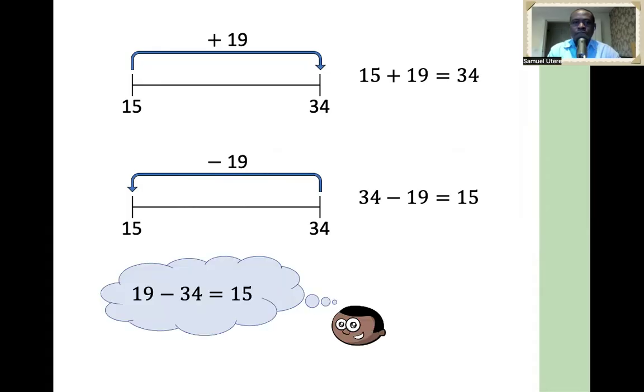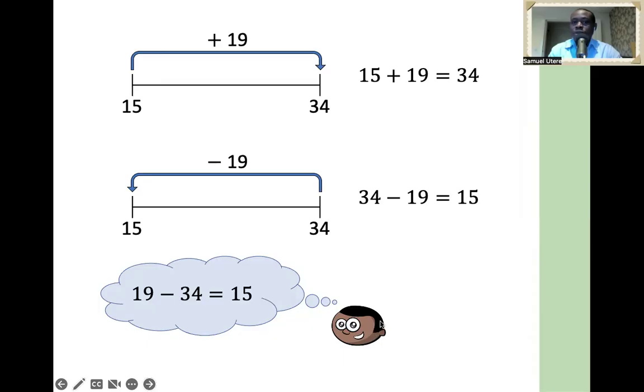But is 19 subtract 34 equal to 15? Do you think we can do the same thing we did with addition by thinking, okay, I can swap the calculation and still get the same answer? Will it work for subtraction? Well, we're going to disagree with this young man.